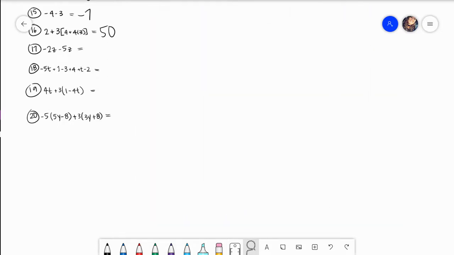Now we have a negative 2z, negative 5z. It will tell you to maybe evaluate the expression. It'll tell you to simplify. It can tell you to combine like terms. All of those mean the same thing. I'm going to look to see what's going on here, ask myself the specific questions I need to ask myself, and then answer the question, right?